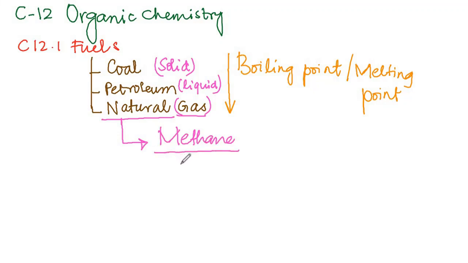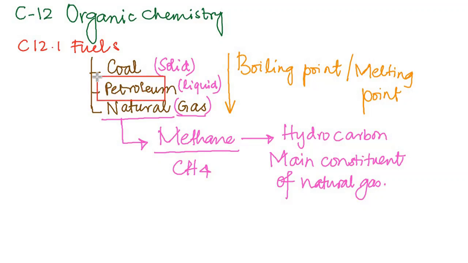Methane is a chemical substance having the formula CH4, and we're going to see what methane is in a minute. Methane is actually a hydrocarbon with the formula CH4, which is the main constituent of natural gas. Also understand that petroleum, which is a liquid, is a mixture of different hydrocarbons, and these different hydrocarbons can be separated into useful fractions by fractional distillation.